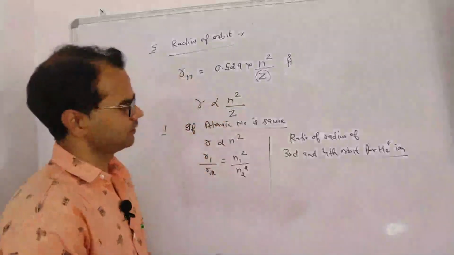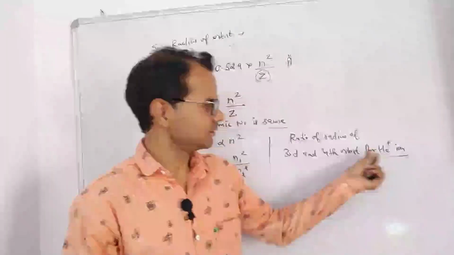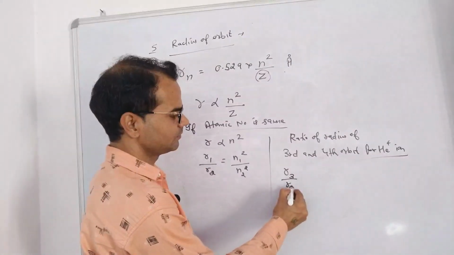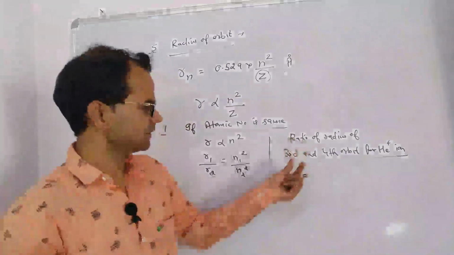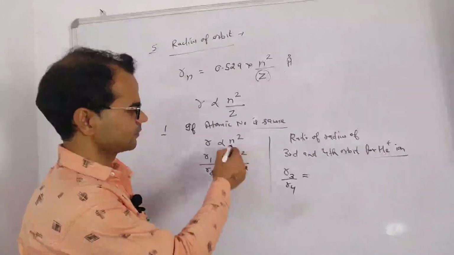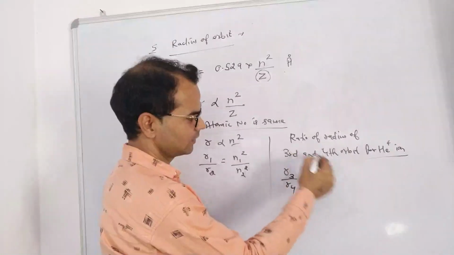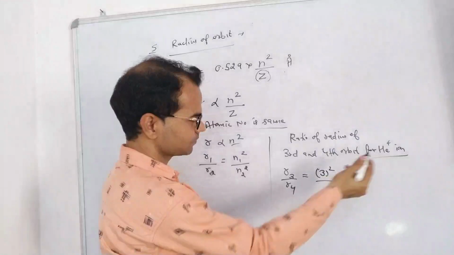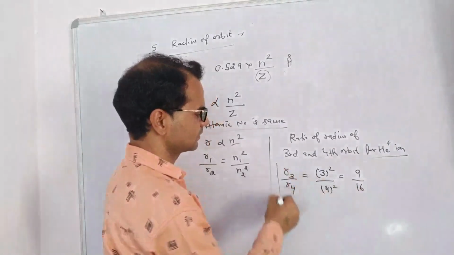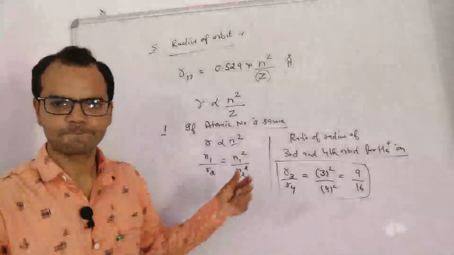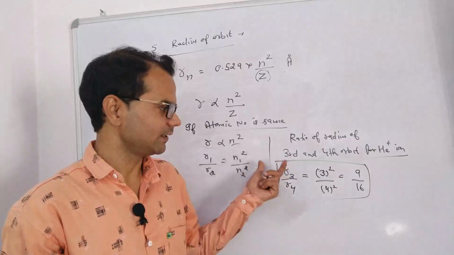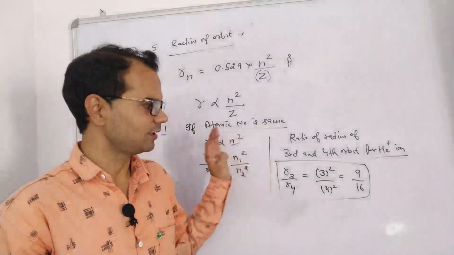Atomic number is the same for both cases, so we can use R3 by R4: R3 is the radius of the third orbit, R4 the radius of the fourth orbit, directly proportional to n square. So 3 square by 4 square, 9 by 16. Easy. You can do numericals more quickly and accurately by using simple tricks.